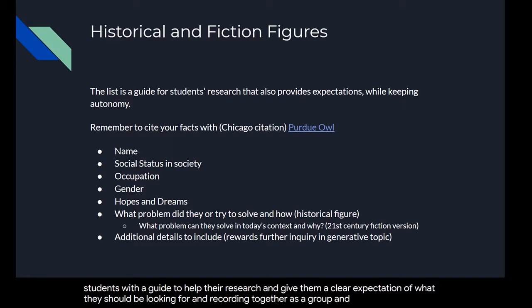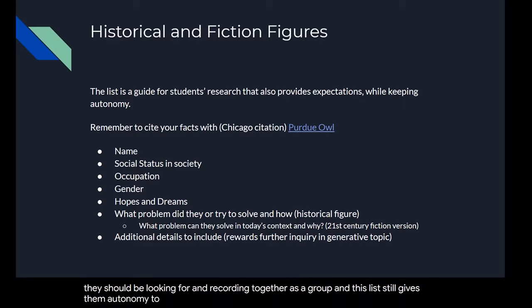And this list still gives them autonomy to look around different resources, and this list is going to apply to both the historical and fiction figures.